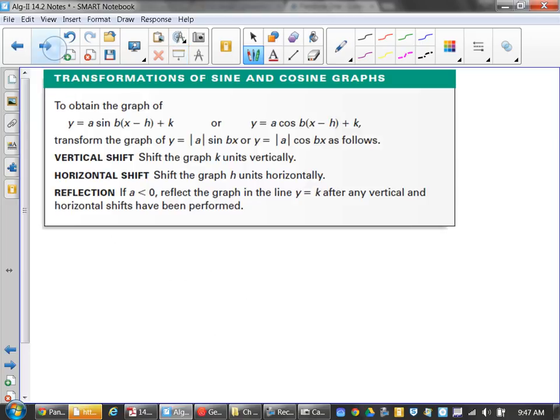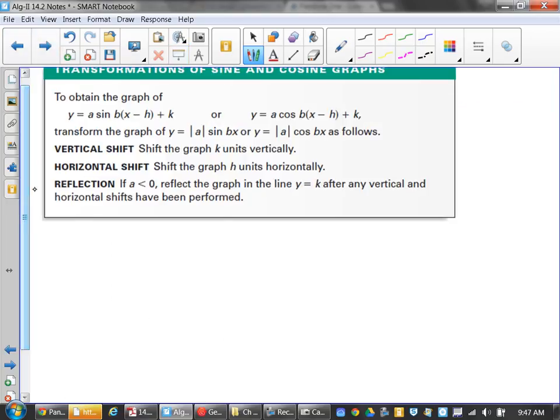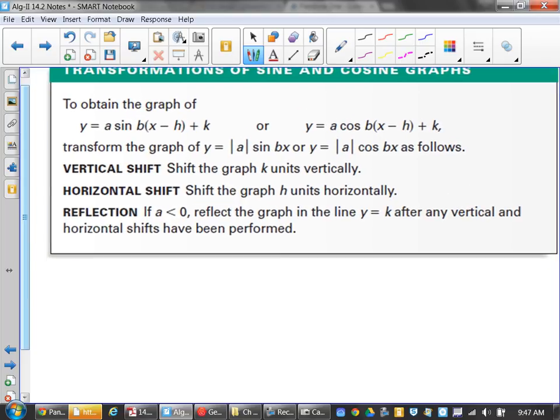Anyway, what we're going to do today is shift these. We're going to reintroduce As, Hs and Ks. We're still going to work with your horizontal and vertical shift.